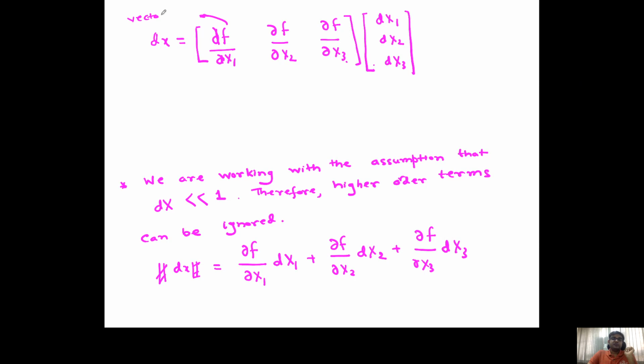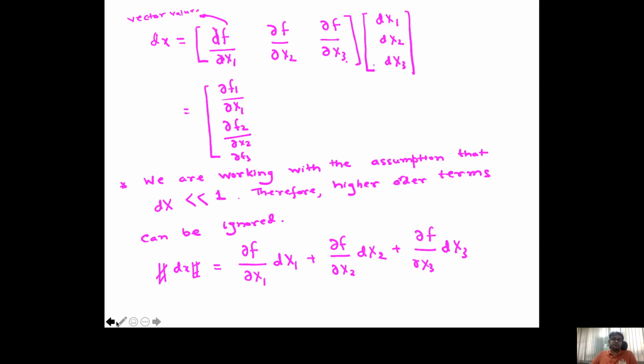So if I write the vector valued function in terms of its components, it will look like del f1, del x1, then we have del f2, del x2, del f3.